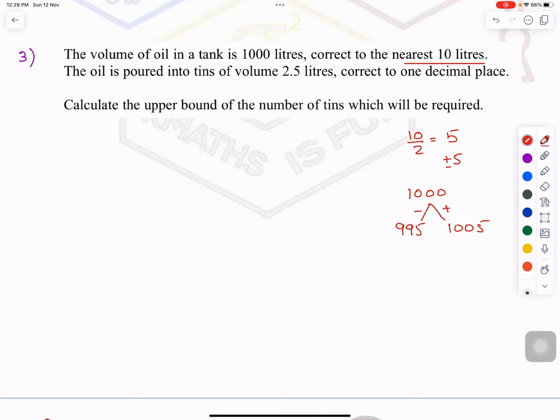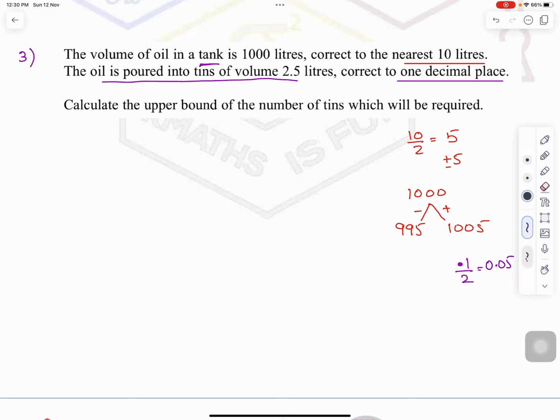Okay, after that, it is talking about this oil which is in the tank being poured into tins, and the volume of one tin is 2.5 liter, which is corrected to 1 decimal place. So to find out its bounds, what will I add and subtract? Let's find out 0.1 divided by 2, because it is 1 decimal place, so 0.1 divided by 2 is 0.05.